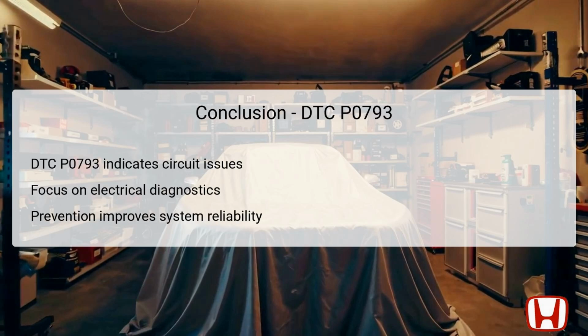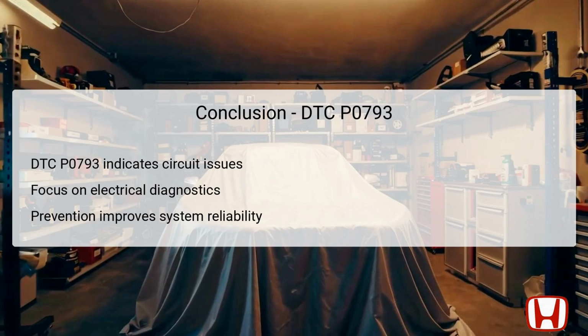In conclusion, diagnosing and repairing DTC P0793 requires a systematic approach focused on electrical components rather than mechanical repairs. The intermediate shaft speed sensor is critical for proper transmission operation, and any failings within its circuit can lead to performance inefficiencies or safety concerns.